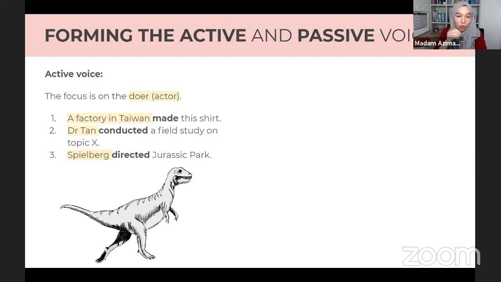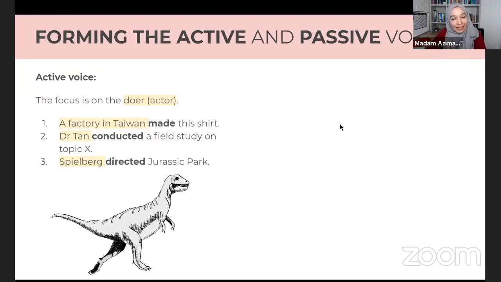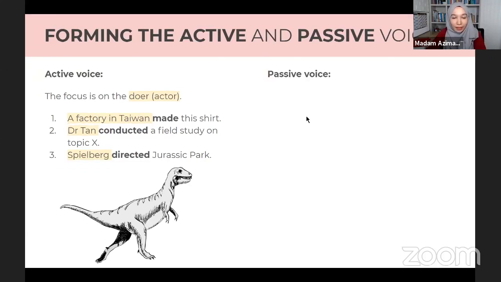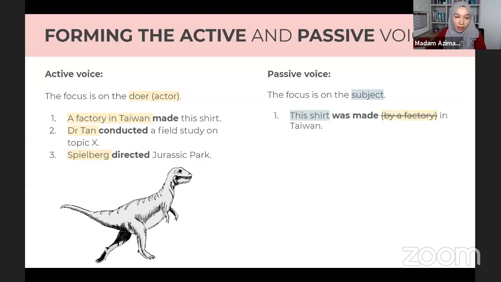The focus is on the doer. So the doer would normally be at the front there, as you can see. Okay, so that means passive is the opposite. For a passive voice, the focus would change. The focus is on the subject instead. So we're going to look at the first sentence and compare it with the active voice.